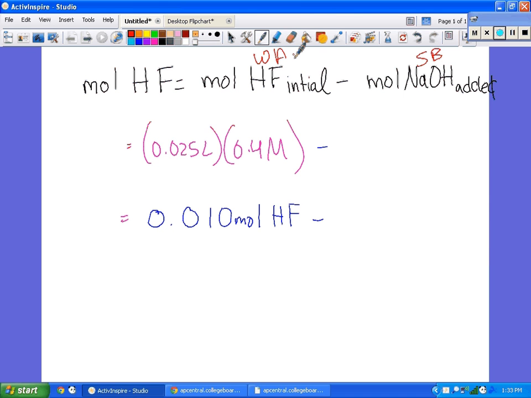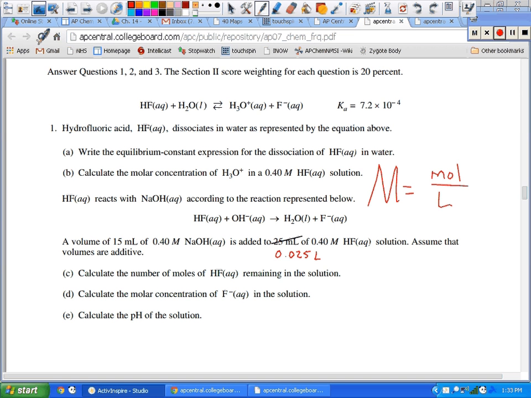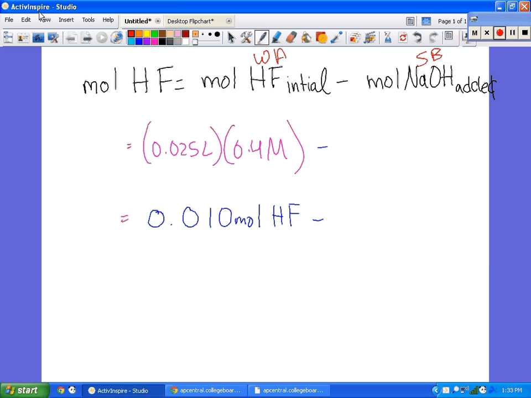The exact same thing. They give you the volume and the concentration, except the first issue is they gave it to you in milliliters, so we don't want that. So we want 0.015 liters. Okay, exact same concept. So we have 0.015 liters times 0.4 molar, and that will end up giving you 0.0060 moles.